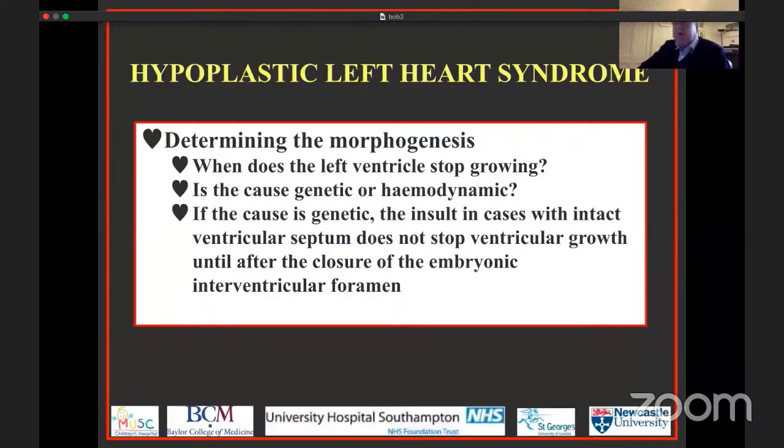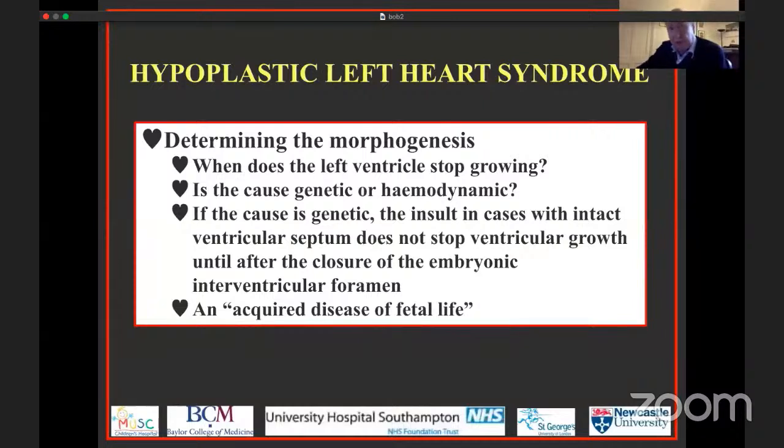We know it does not stop growth until after the embryonic interventricular foramen is closed, and that is why the ventricular septum is intact. And that, I do believe, is why we should be grouping these cases together as a syndrome, because they do, in my opinion, represent an acquired disease of fetal life.